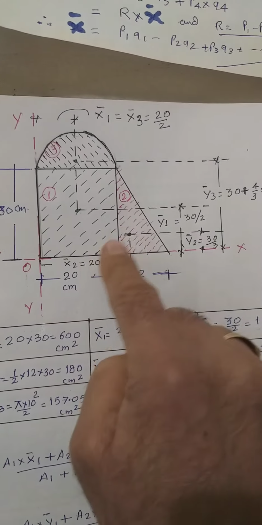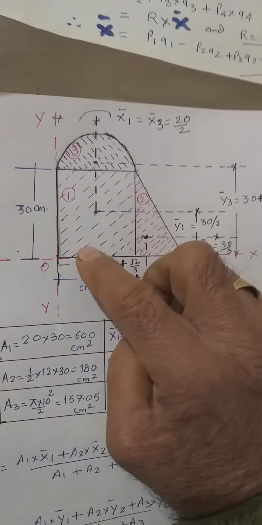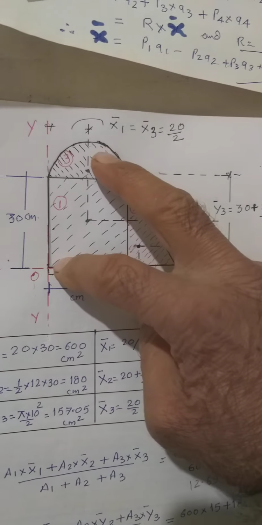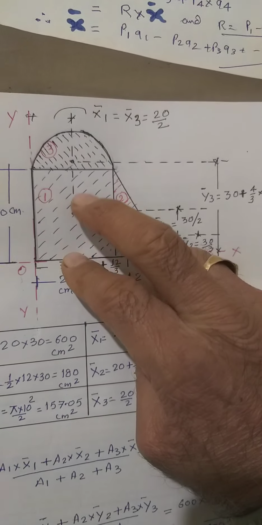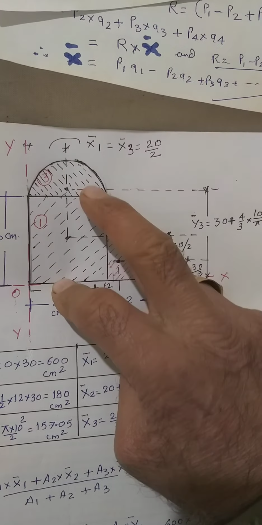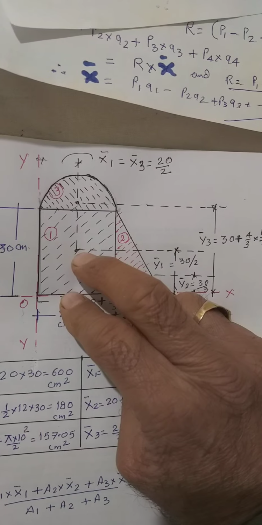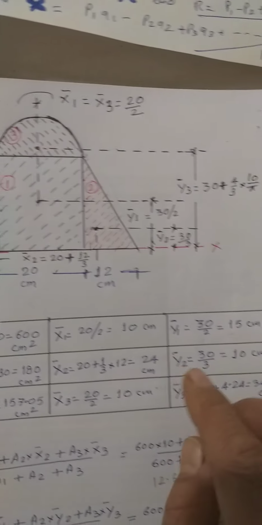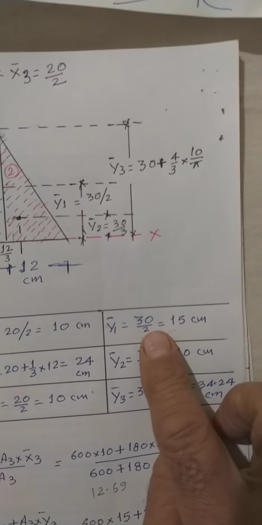First of all, figure number 1: Y bar 1 will lie at half of the total height. It is 30 by 2, that is 15.